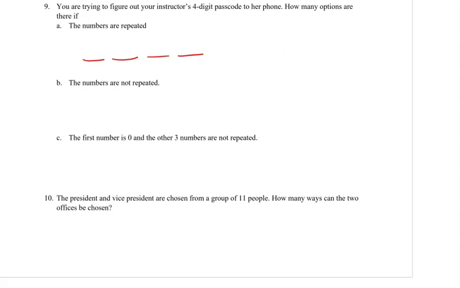And keep in mind, still the digits 0 through 9, so there's still 10 possibilities. So each of these is going to have 10 possibilities. In this case, that gives us 10,000 total possibilities.